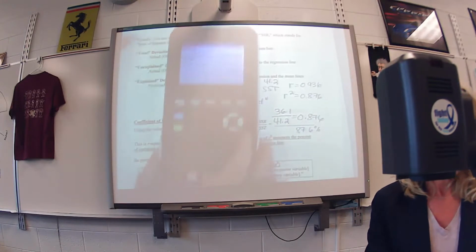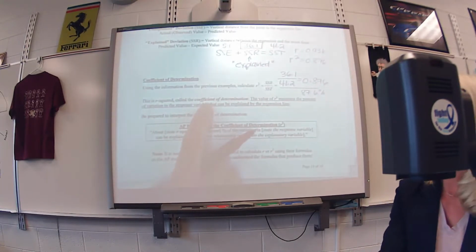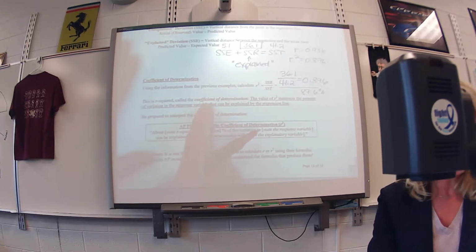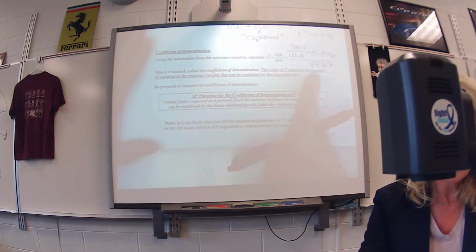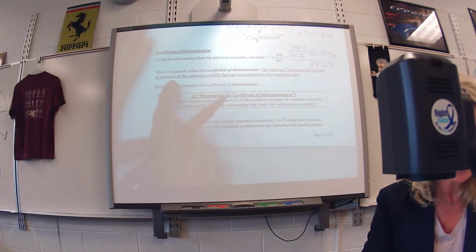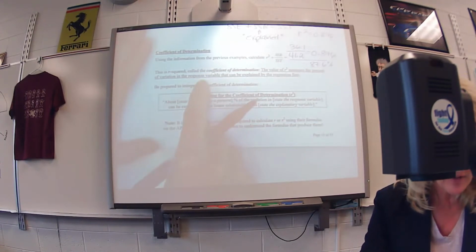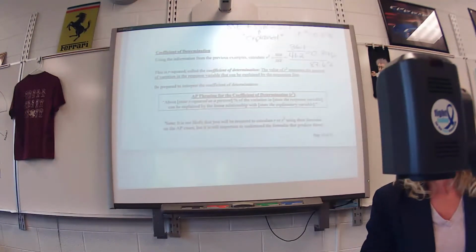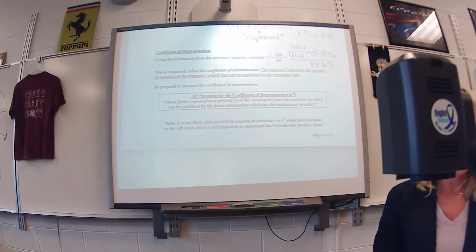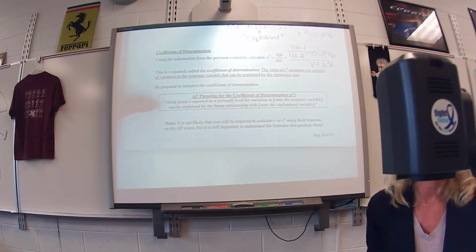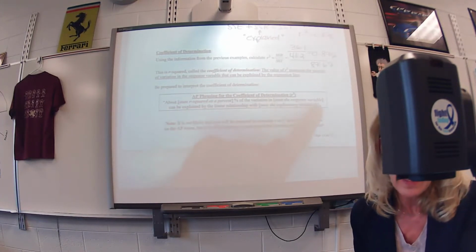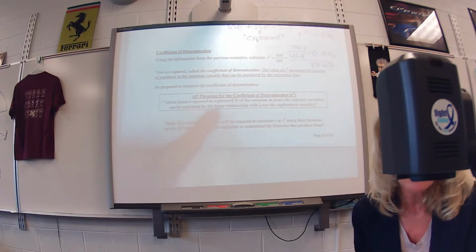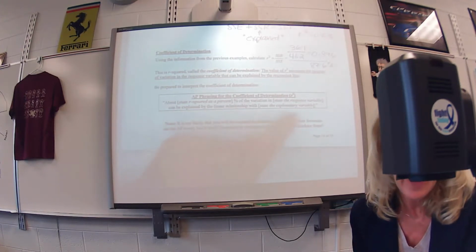It has its own name. It's called the coefficient of determination. R squared measures the percent of variation in the response variable that can be explained by the regression line. And this is your phrasing: about 87.6% of the variation in Y can be explained by the linear relationship with X.